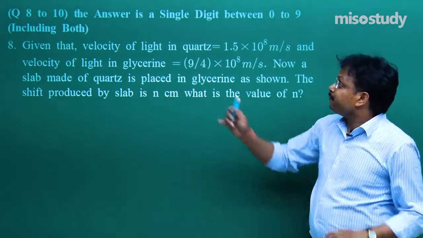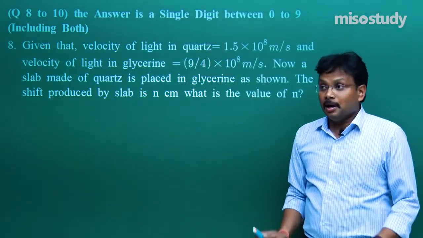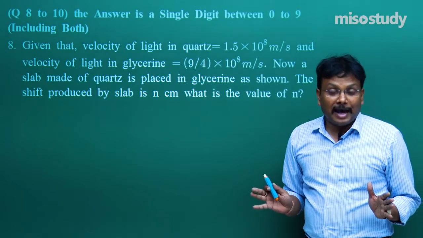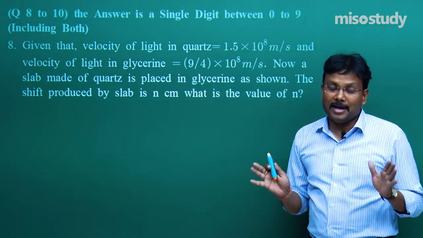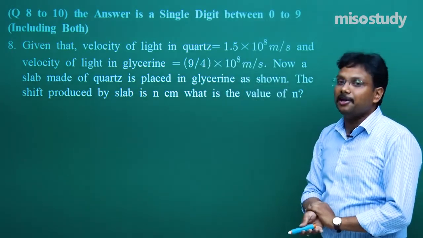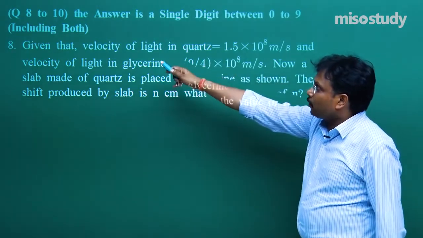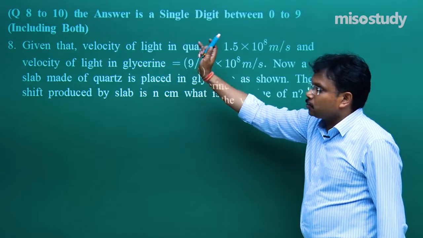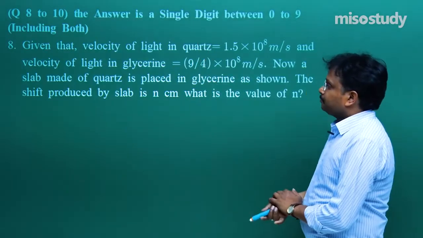So that's why these questions are very dangerous in the sense you should be extra careful while solving these problems. Let's start this discussion. What is the instruction for question 8? It is true for 9, true for 10 also.